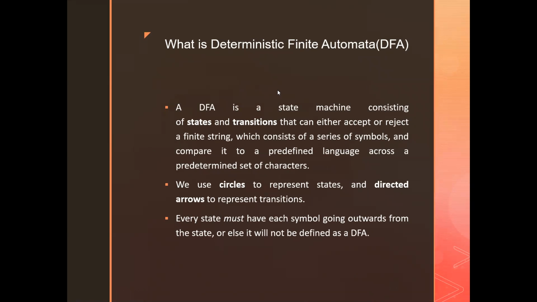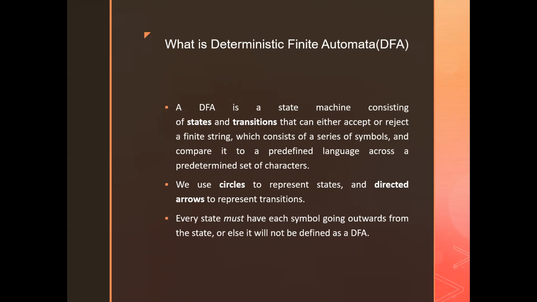DFA. As you know, in finite automata, you have a set of states and you have transitions also. With the help of the transitions, the finite automata can either accept or reject the input string. Similarly, in DFA, you have a set of states and different transitions.